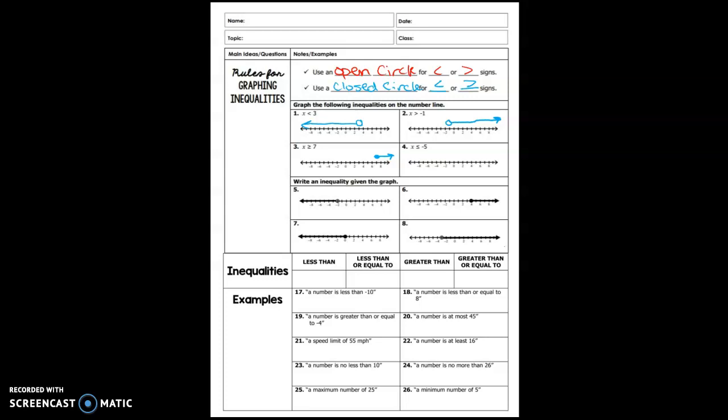Hopefully you paused the video and found that since x is less than or equal to -5, we're going to go to -5 and have a closed circle, and since it's less than, we want every value less than. Always think about possible values that x could be. Could x be 2 here? Is 2 less than or equal to -5? Hopefully you're thinking, no, it's definitely not.